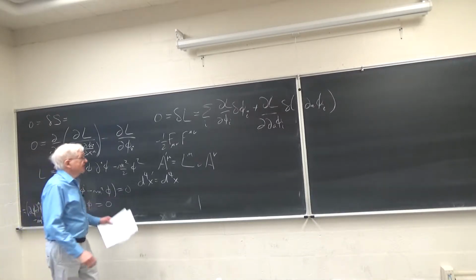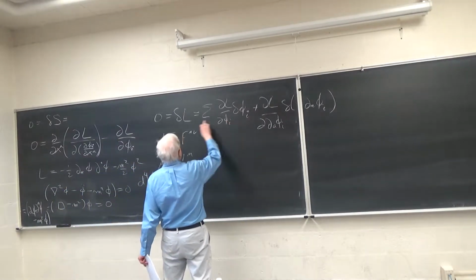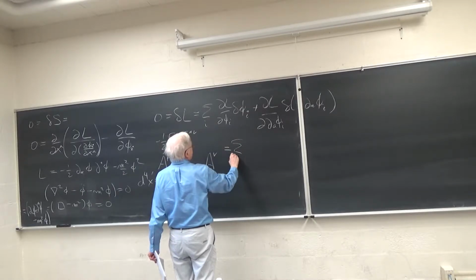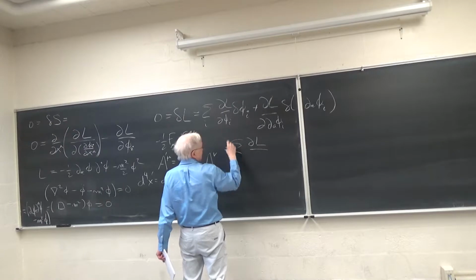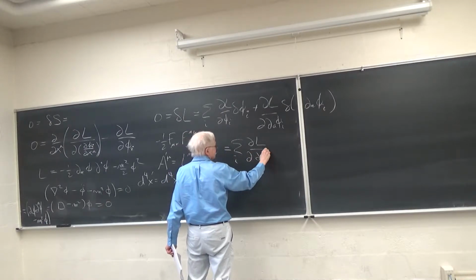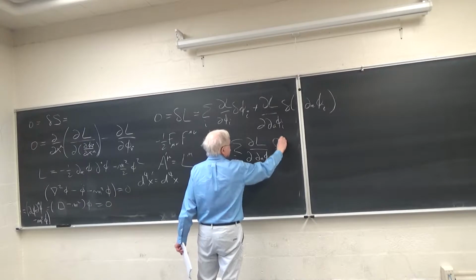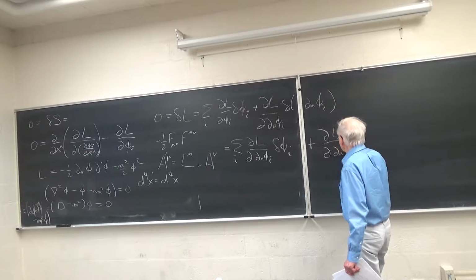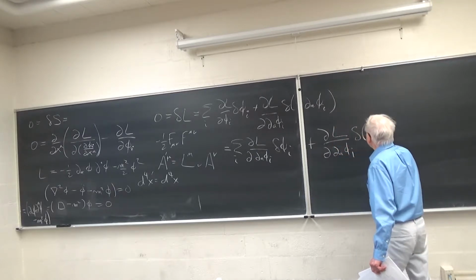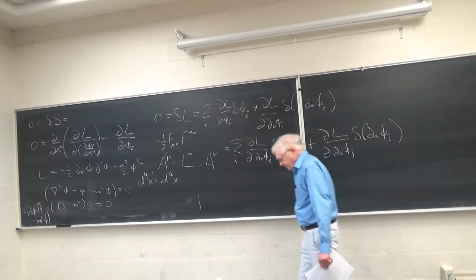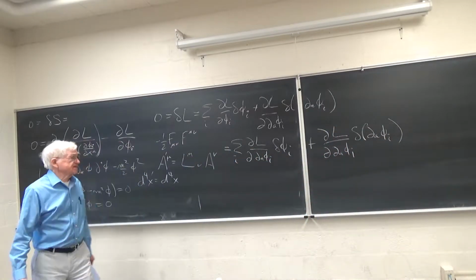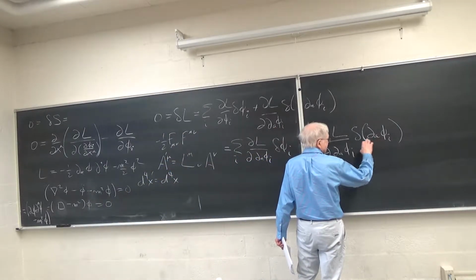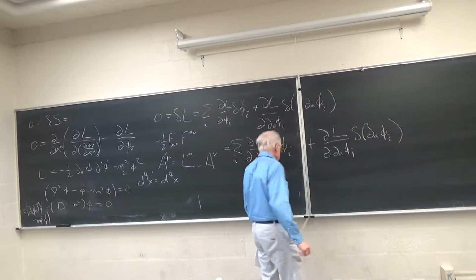So that's one aspect of things. Now, when you have this, you can then say that this is equal to a sum on I. If you apply Lagrange's equations, this is d_A of that times the change in phi I, plus partial L partial d_A phi I times the change in d_A phi I. Now, in many cases, the change in the derivative is the same as the derivative of the change.